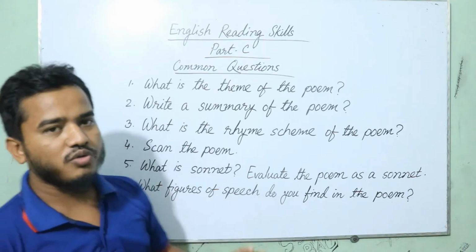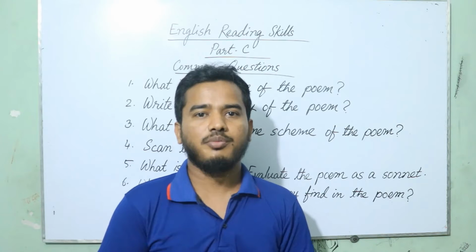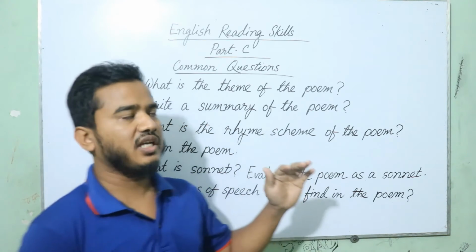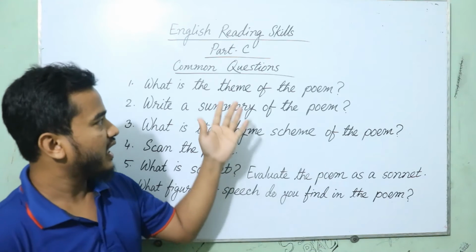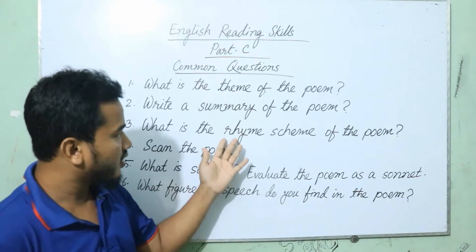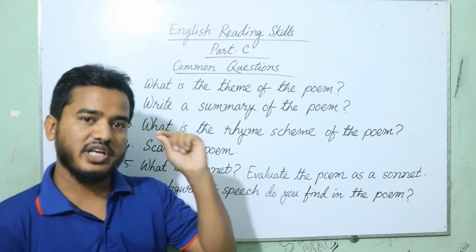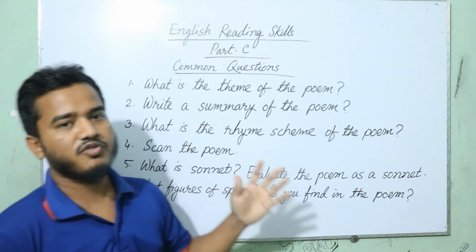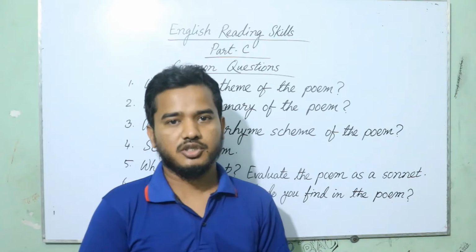Now I will give you 5 poems of different poets, and if you practice them at home and try to answer all the questions for every poem, then you will be prepared for your next examination.